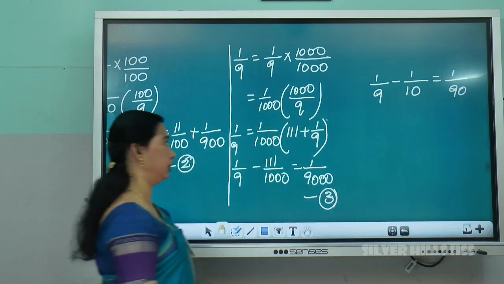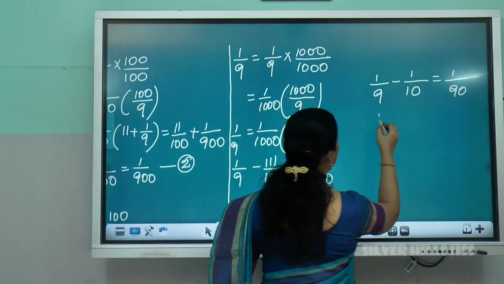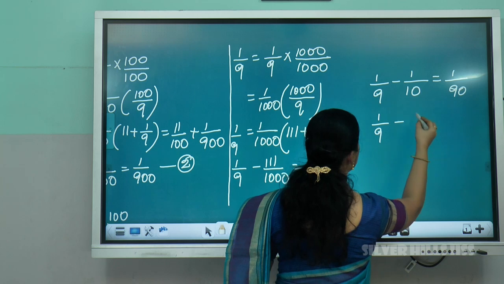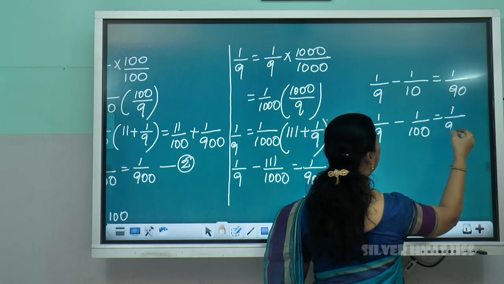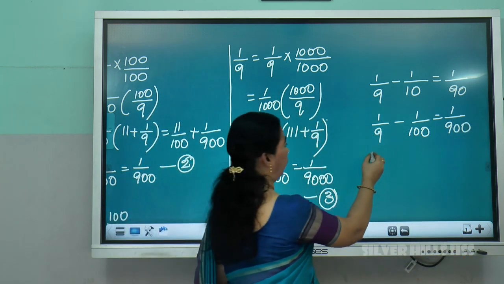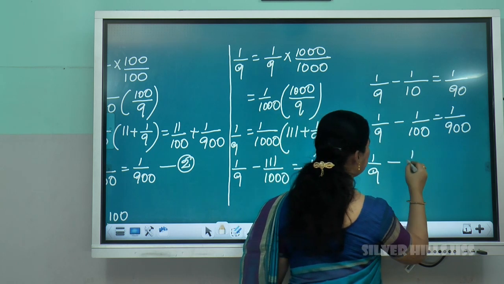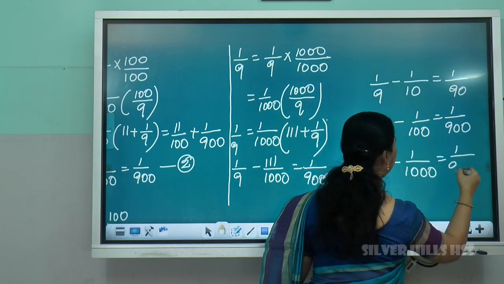Second equation is 1 by 9 minus 11 by 100 is equal to 1 by 900. And the third equation is 1 by 9 minus 111 by 1000 is equal to 1 by 9000.